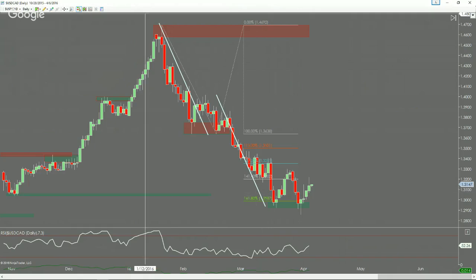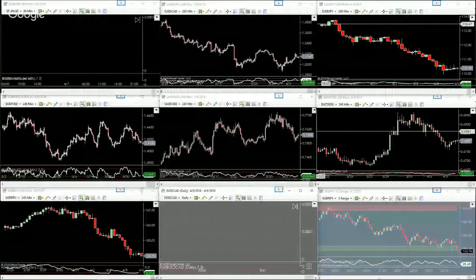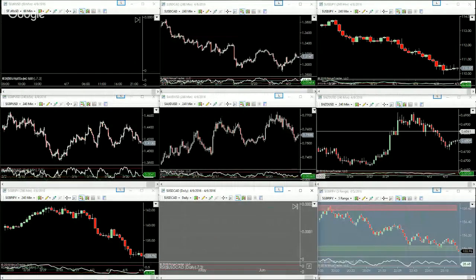Or what you could also do is just head down to the lower time frame and look for an opportunity there.